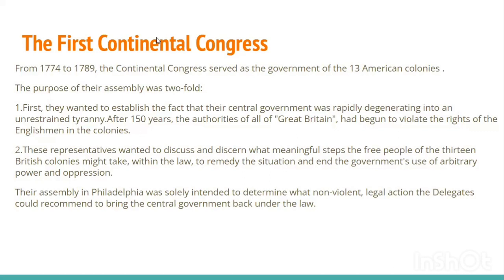Second thing, these representatives wanted to discuss and bring out some meaningful steps to free the people of the 13 British colonies. But they wanted all this to happen within the framework of law. Whatever they wanted to do, they wanted to do within the framework of law.